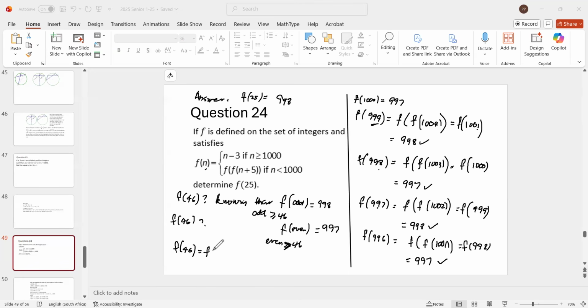This is equal to f of f of 46 plus 5, which is 51. Now we already checked that for odd numbers bigger than 46, the formula worked. So the odd numbers will become 998. So this is 998.